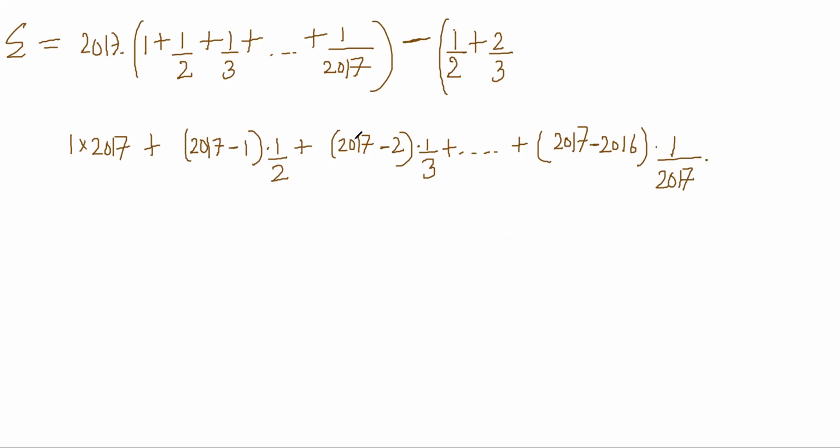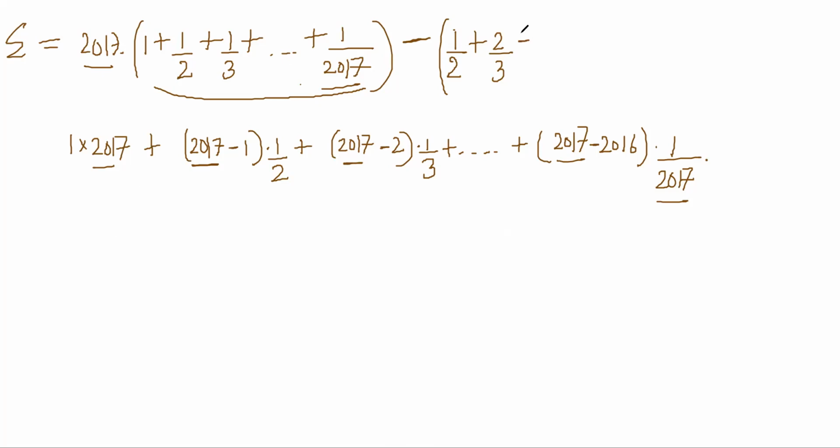so clearly I can take common, this and this. I'm taking the first terms here. When I'm taking common, I'm getting this. Second terms from here onwards I'm getting minus half, minus 2 by 3, minus 3 by 4.